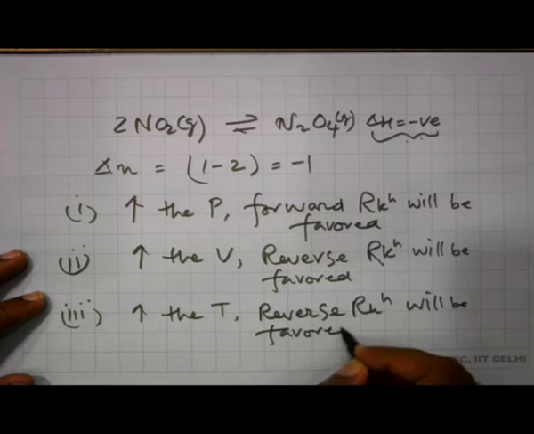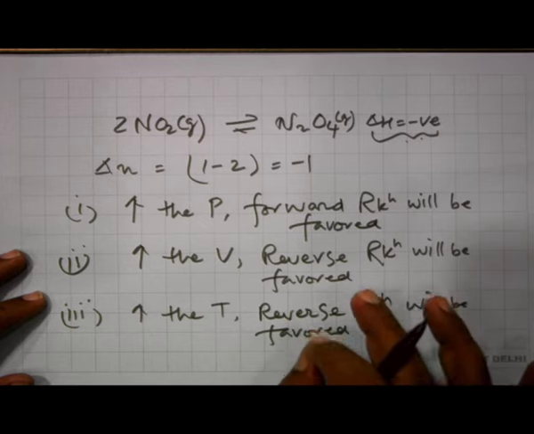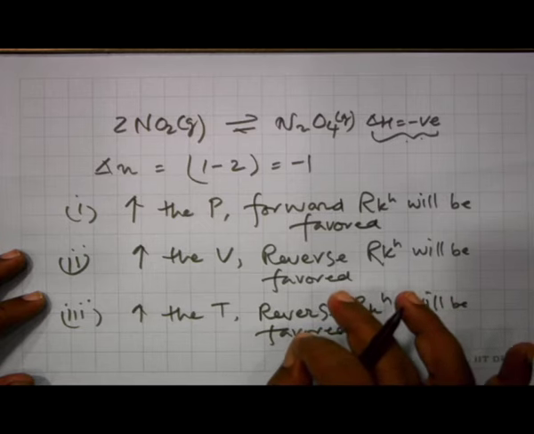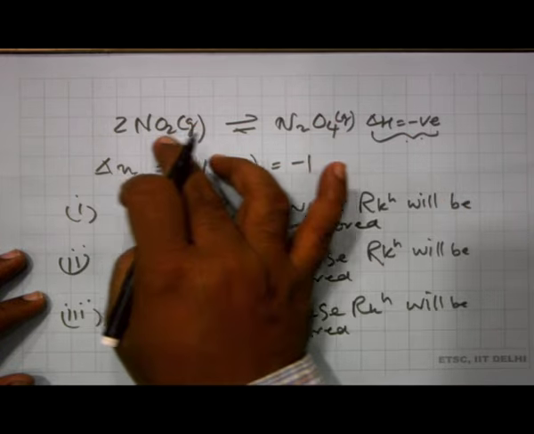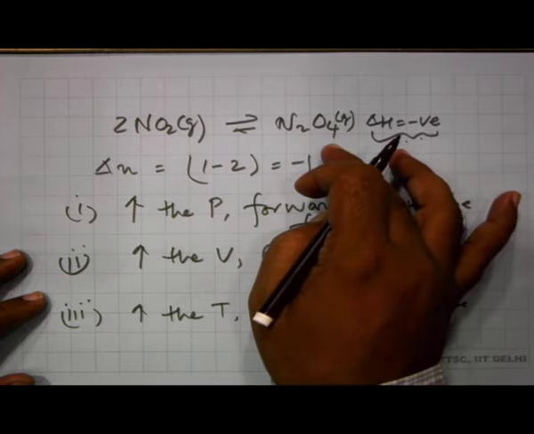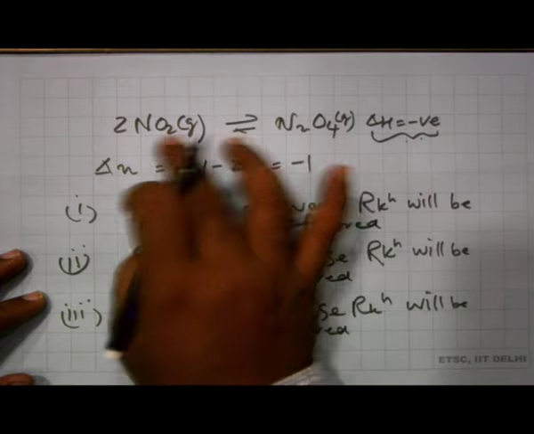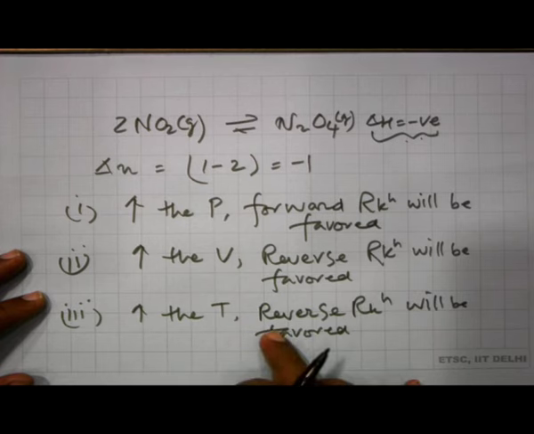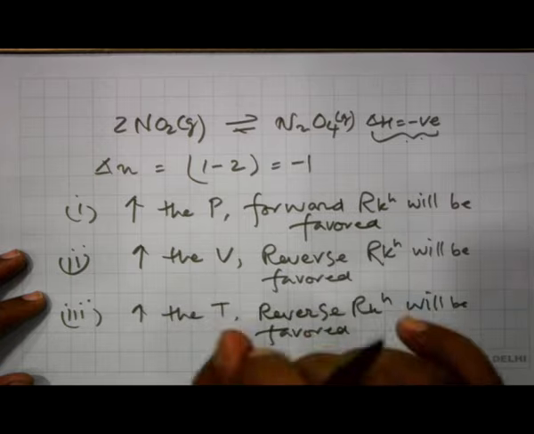Another way to remember is that increasing the temperature will shift the reaction toward that side in which heat is absorbed. So, if I take the reverse reaction, in this case your delta H will be positive, or heat will be absorbed. So, dissociation of N2O4 is an endothermic reaction, and so with increase in temperature, this dissociation will be favored.